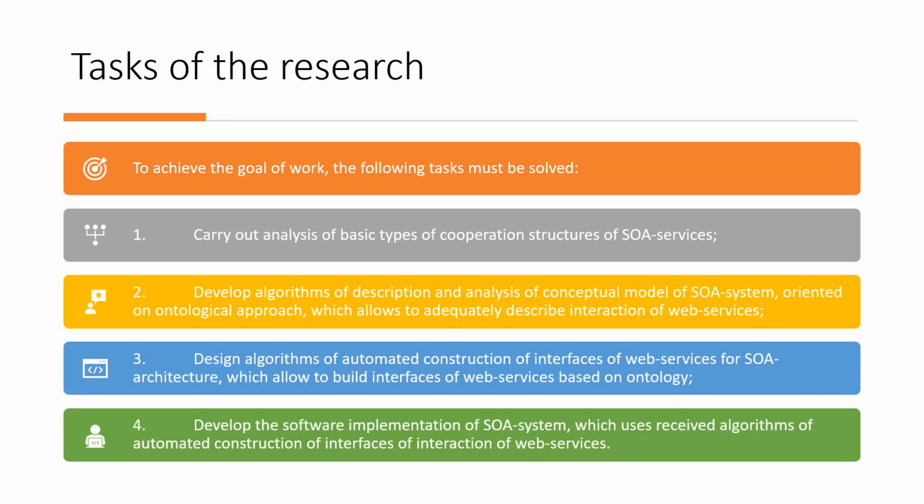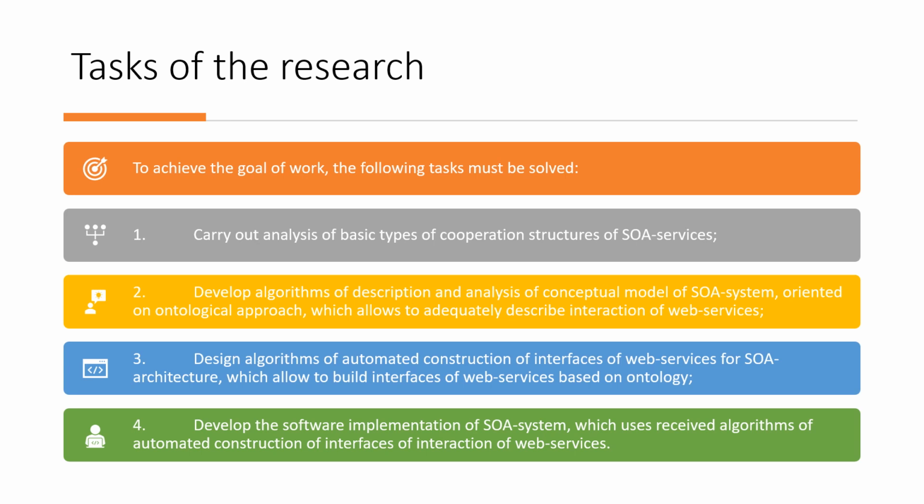To achieve the goal of work, the following tasks must be solved. Carry out analysis of basic types of cooperation structures of SOA services. Develop algorithms of description and analysis of conceptual model of SOA system oriented on ontological approach, which allows to adequately describe interaction of web services.